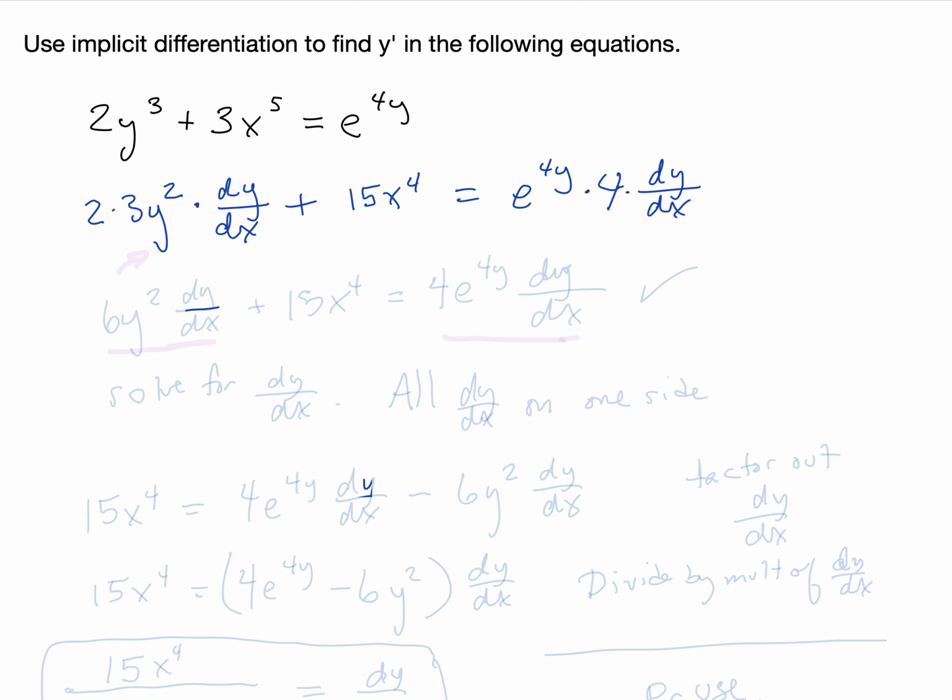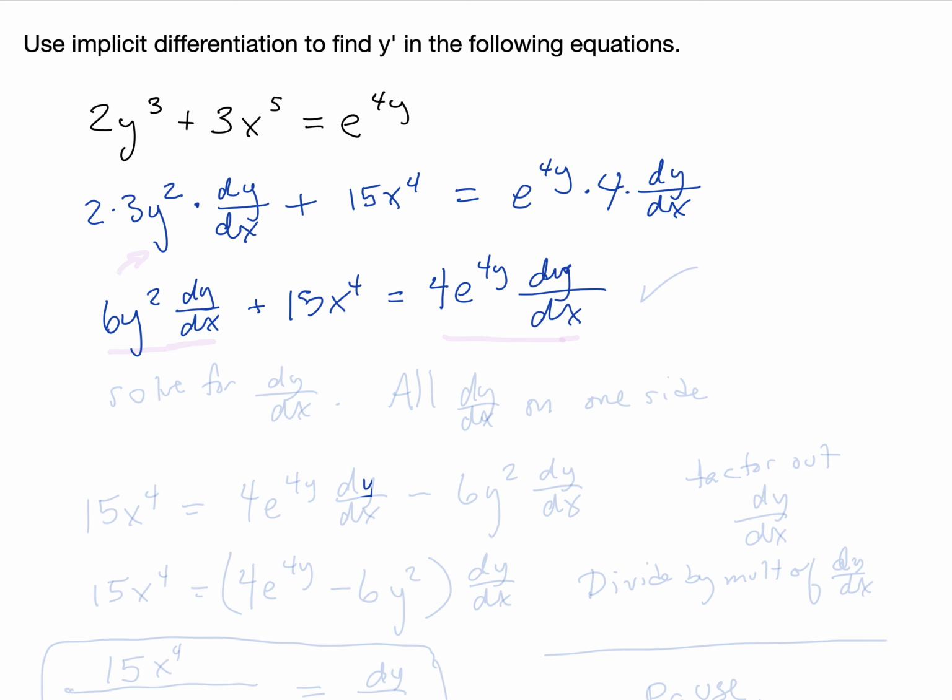Okay, so now we've taken the derivative. If we want, we could simplify that slightly: 6y squared dy dx plus 15x to the fourth equals 4e to the 4y dy dx.